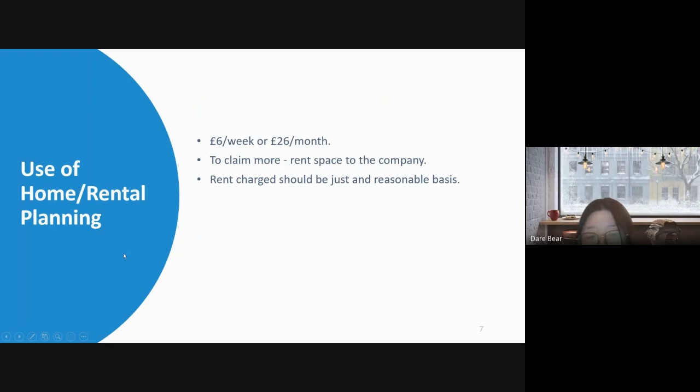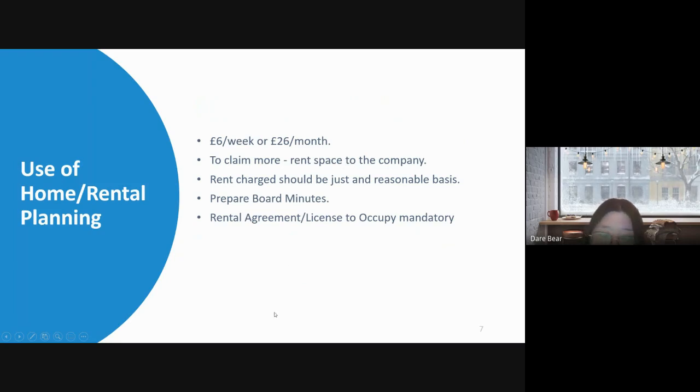For example, if you rent a home and you want to sub-rent the room to your company as your working place, the reasonable amount will be based on the market value. You cannot charge an unreasonable amount. You know what I mean? And it is better for you to prepare the board minutes and the rental agreements and make everything clear, just in case HMRC asks.